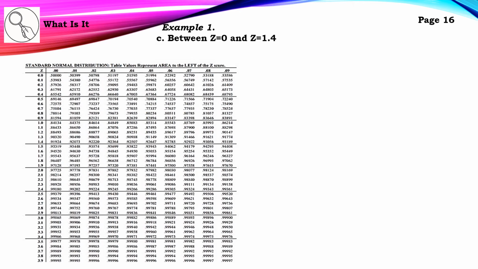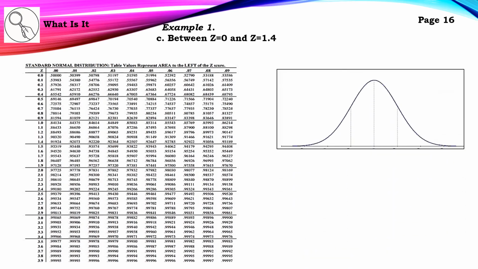Another example: between z equals 0 and z equals 1.4. First step is to locate z equals 0 and z equals 1.4 under the normal curve. Second step is to locate the probability values.